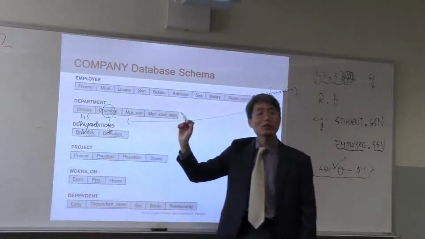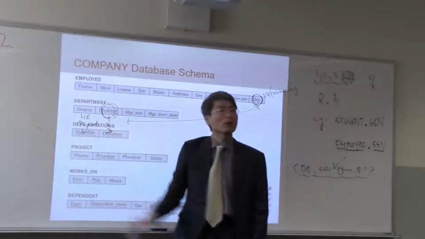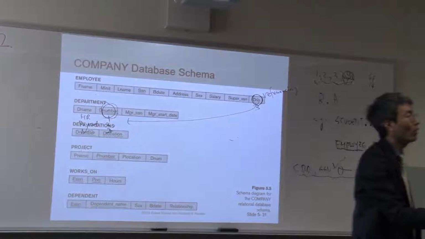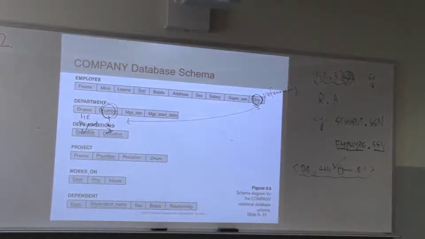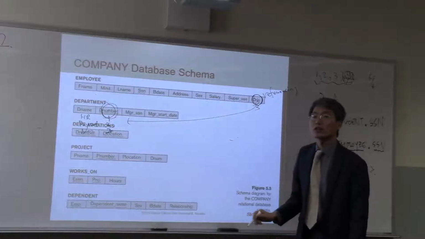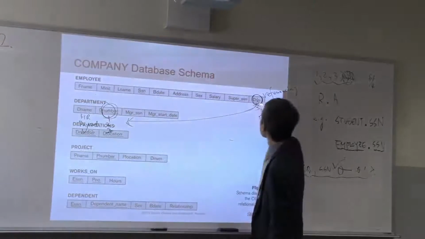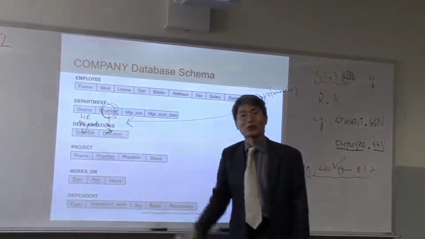So that is the reason most of the case, not always, the referenced column is the primary key of that relation. Okay, at that time this is called the referential integrity. Mostly we use an arrow from referencing to referenced.